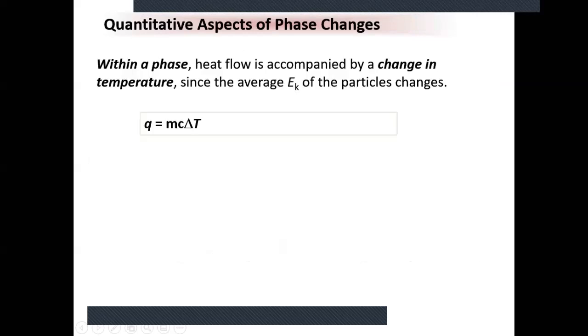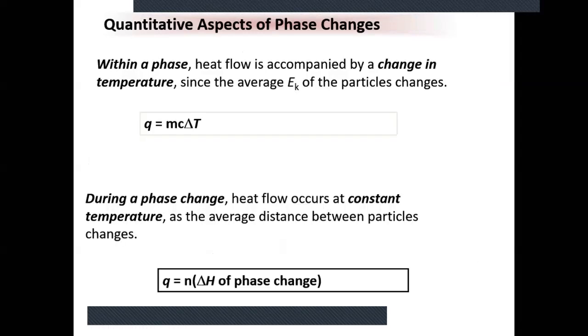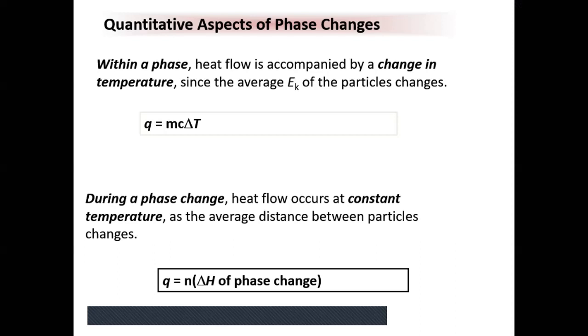So now getting into the quantitative aspect, which is the main goal of this lecture: depending on whether we're at a phase change or in a phase, we use different types of equations.